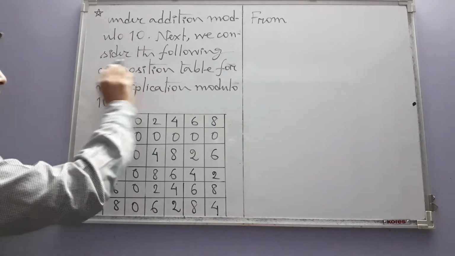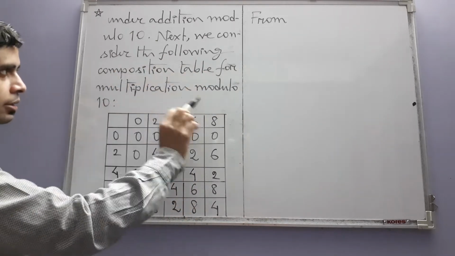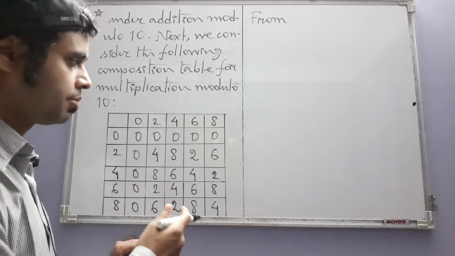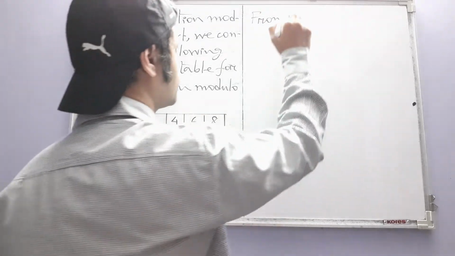Once we have written this, before drawing the table, these things, this line, we do not need to repeat it again. We can just simply write from the above table, because now we know what the operation is.